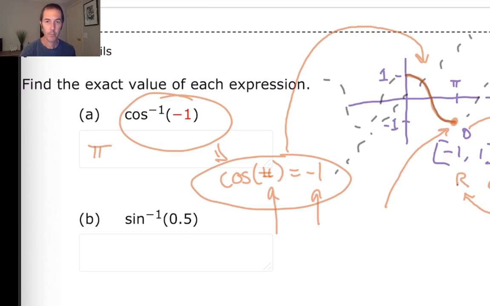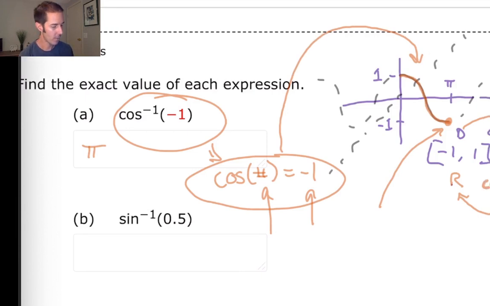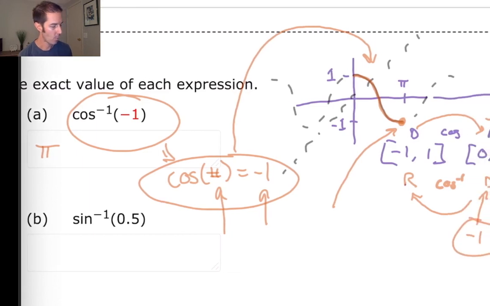That was a fairly comprehensive review of the trig function cosine, the inverse trig function, or the inverse of the cosine function, the fact that we need a restricted domain on cosine so that the inverse cosine is actually a function. So restricting the domain allowed it to be a one-to-one function.